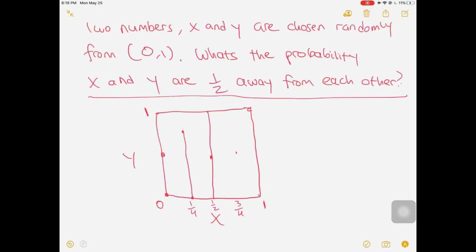If x was 3/4, then y can be anywhere from 1 to 1/4. If we do this for a lot of points, we're going to see it resembles this stripe again. The thing with geometric probability is it's always going to form some kind of stripe. And we know that this point is exactly 1/2 and 1/2.